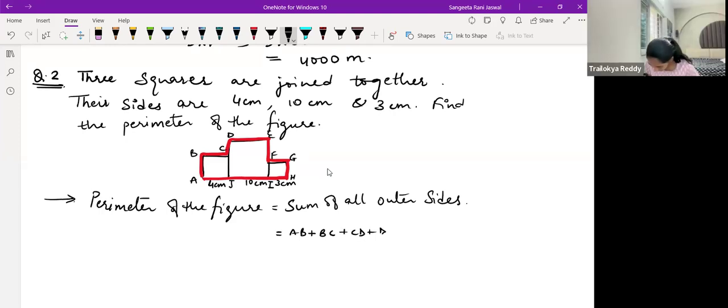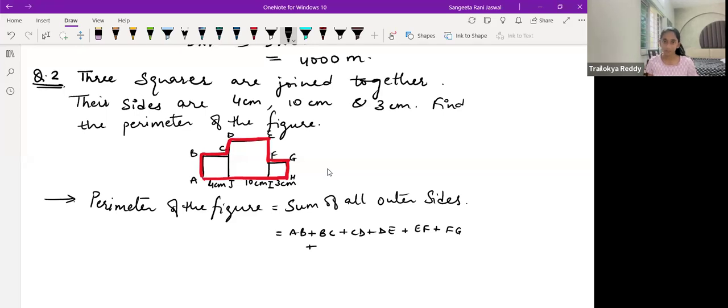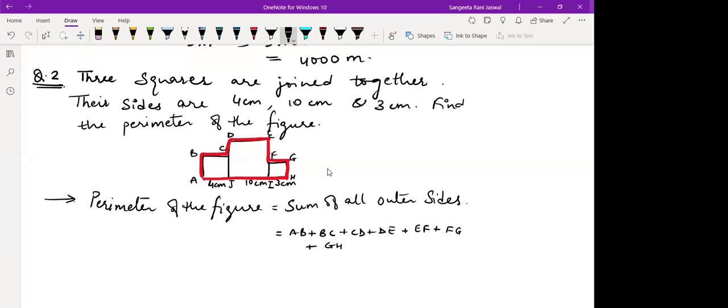Ma'am, I got 53 centimeters. Okay, check again. Neha got 54. Please check. Neha, you should also check yours. Check your calculation again.